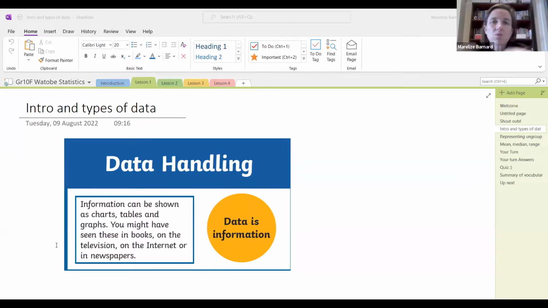Is it burgers or pizza or fish and chips or something else? Then you could go about investigating that question and gathering some data, and that data is going to provide you with a bunch of information, and then you are going to come to some conclusion based on what you gathered.